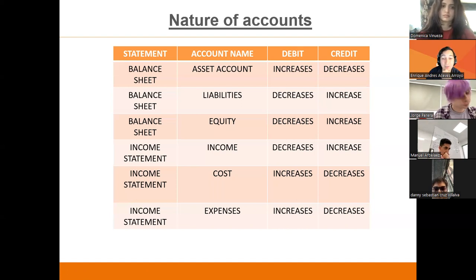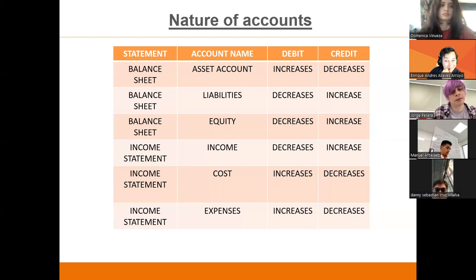So in your accounting system, guys, if you record a sale or income in your accounting system, what nature will it have? The income will have a credit. So are the incomes positive or negative? Positive.